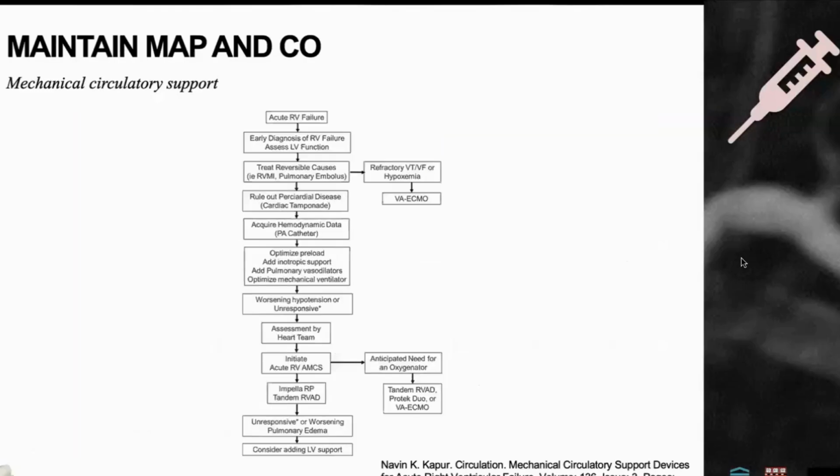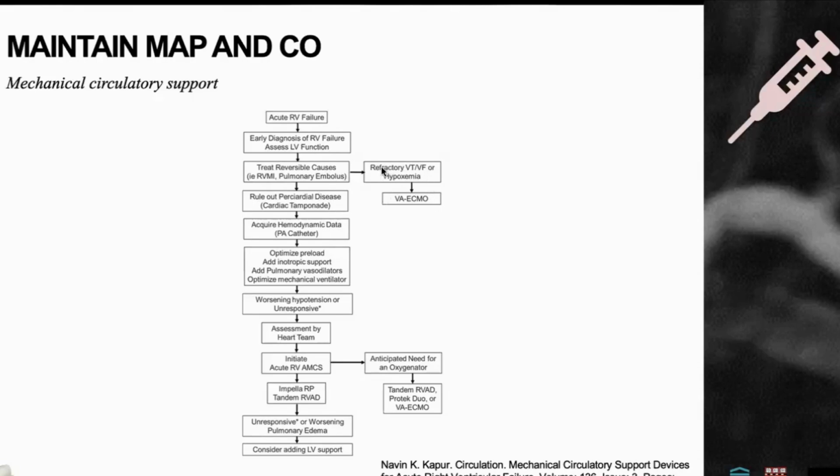All right. So this is the algorithm. This is actually a great paper. I highly recommend you guys check this out. It's in Circulation and it talks about what circulatory devices to use in RV failure. Essentially, it tells you that if someone has a PE, especially if they have hypoxemia from that PE, you should think about VA ECMO.